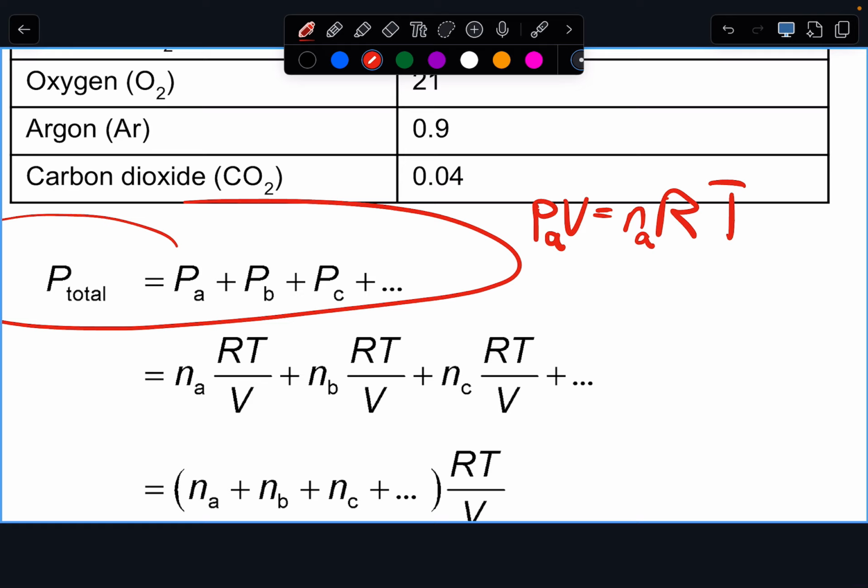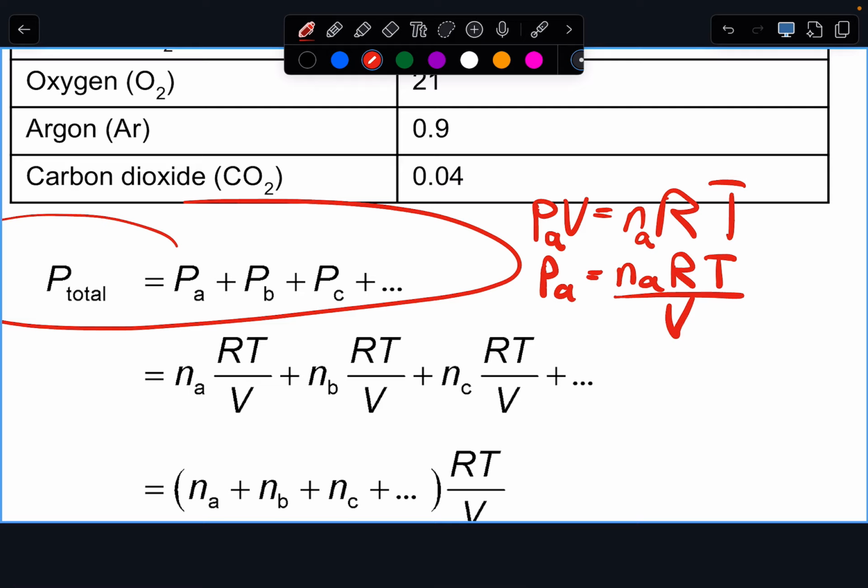So if I want to know the pressure of A, I can divide by V and get nA RT over V, okay? nA meaning like the moles of whatever compound A is. So CO2. So the pressure of CO2 would be equal to the moles of CO2 times RT over V.